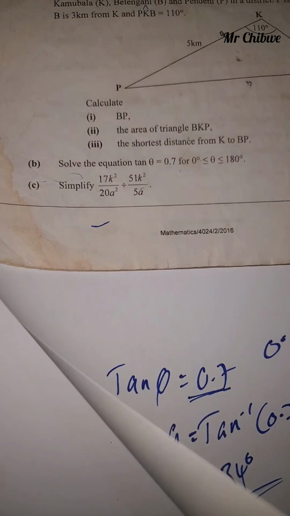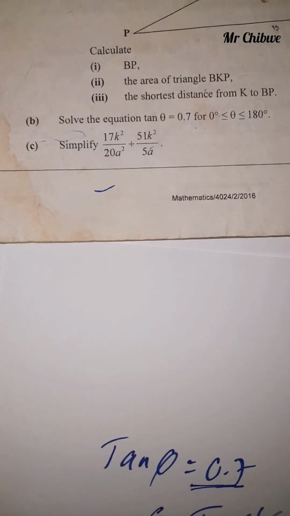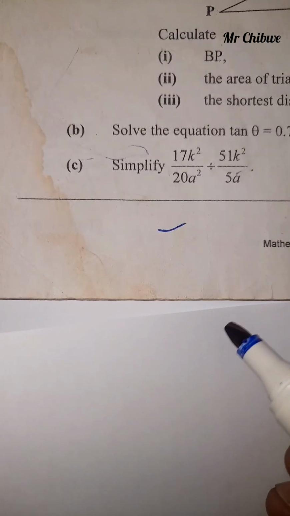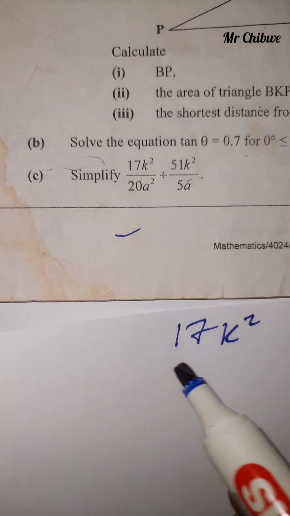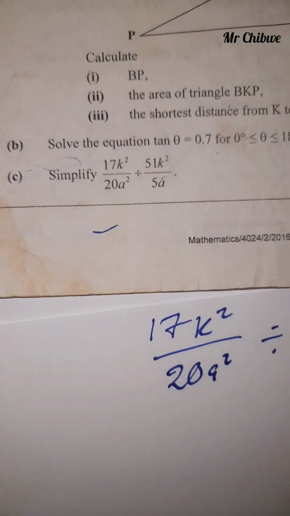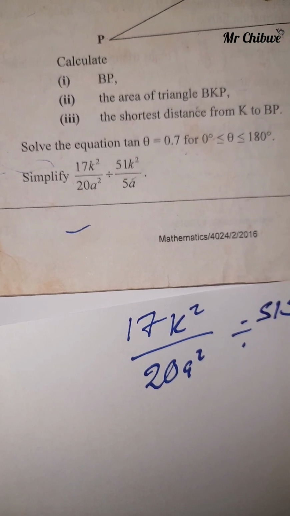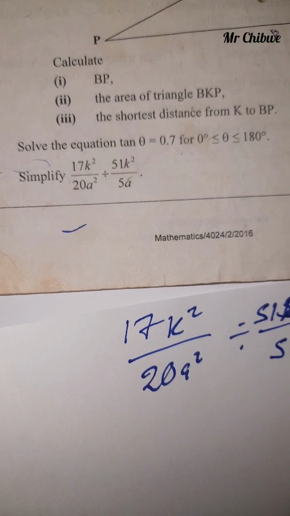Then let's answer the last one. This one is an algebraic question. So we are given 17k squared divided by 20a squared, divided by 51k squared over 5a.